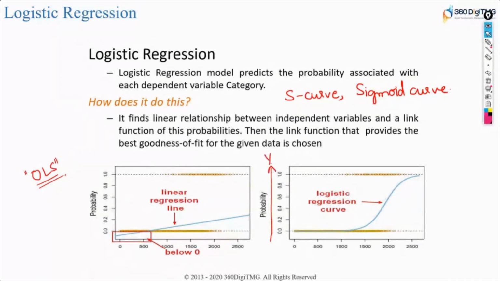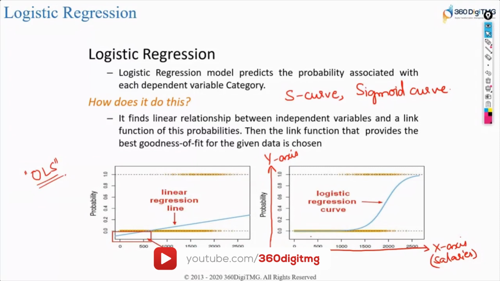Here on the y-axis you have probability values and on the x-axis you have some other values. Say these values are salaries of people. If you are paid $500, then the probability of you purchasing a flat or a house would be very less, almost zero.